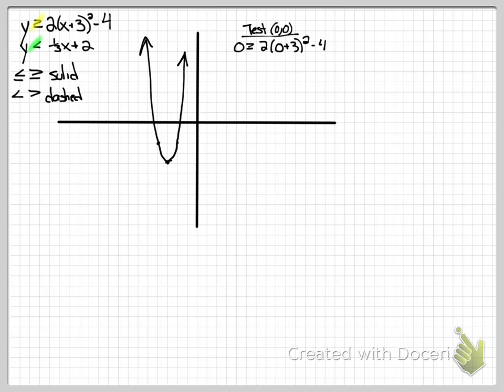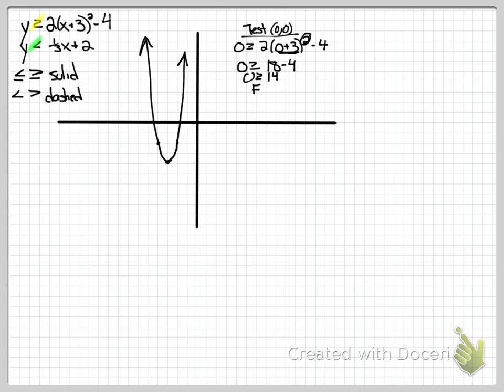Then we need to do some algebra and simplify this. 0 is greater than or equal to, this is 3 squared is 9, times 2 is 18, minus 4, 0 is greater than or equal to 14. Remember, it's supposed to be eating, the crocodile is supposed to be eating the big number. 0 is greater than or equal to 14, this is false.